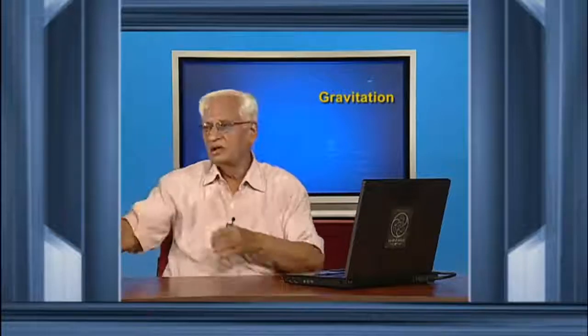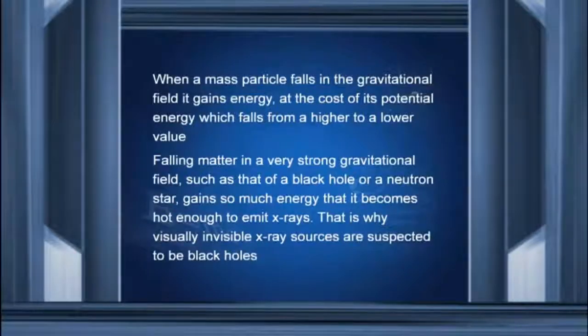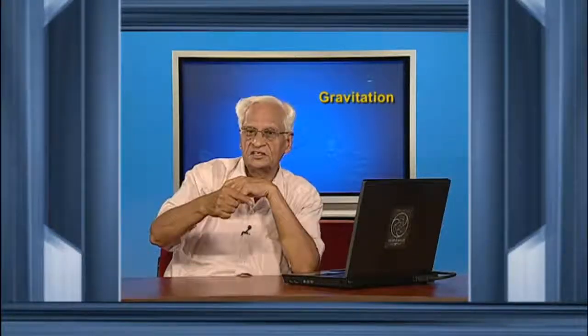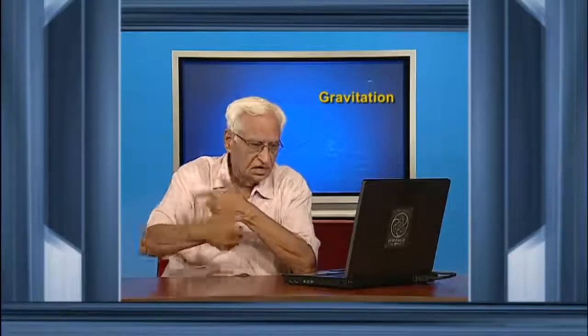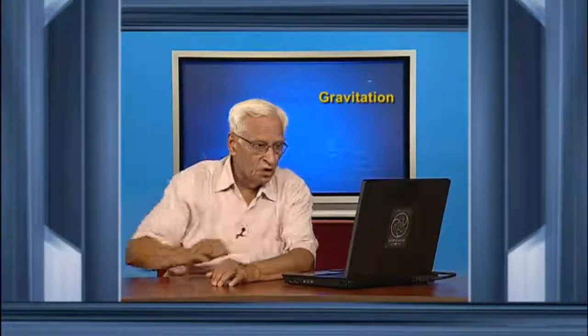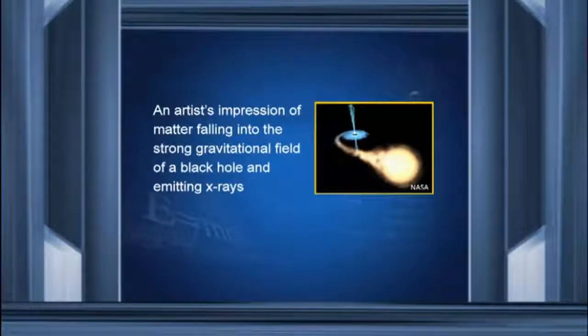And if the particle falls, it falls from higher potential to lower potential, and it loses potential energy, but it gains other forms of energy like kinetic energy. And if a particle falls, I will show you by this sketch.